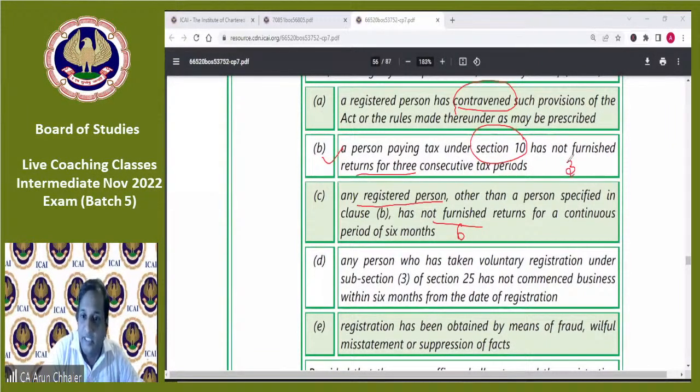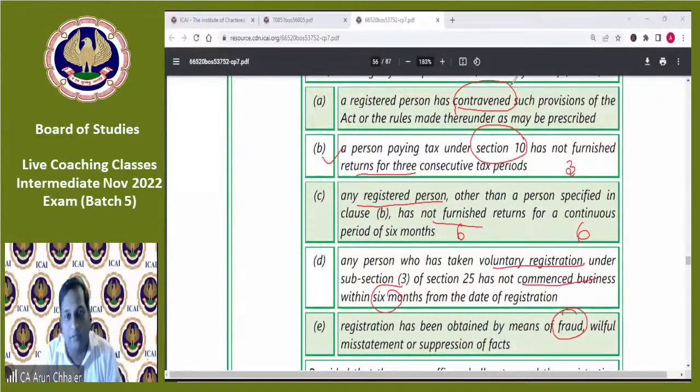For composition 3 months, and registered regular category 6 months. Voluntary registration: one has taken the voluntary registration and has not commenced the business within 6 months from the date of the registration, or registration has been obtained by fraud, willful misstatement, suppression of the fact, etc.